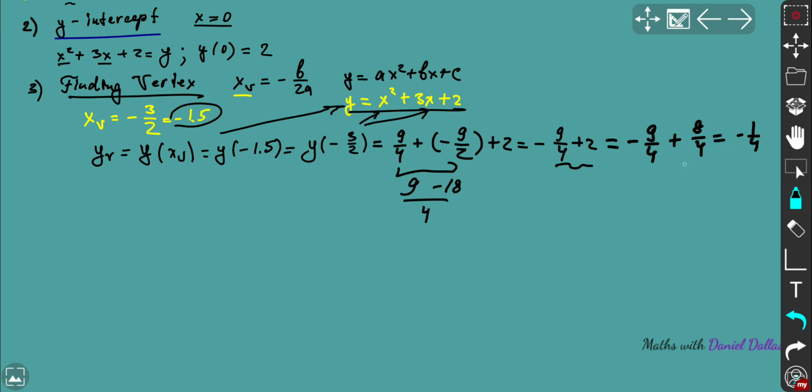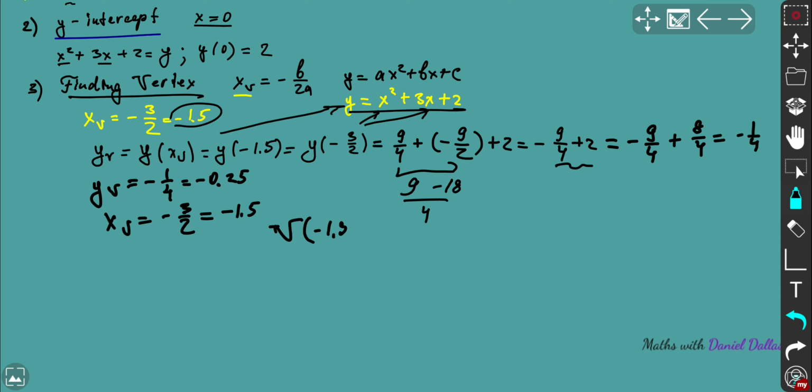The denominator is the same, so negative 1 over 4. So the y vertex is negative 1 over 4, or negative 0.25 if you like. And the x vertex that we found is negative 3 over 2, or negative 1.5. So that's how we found the vertex coordinates.